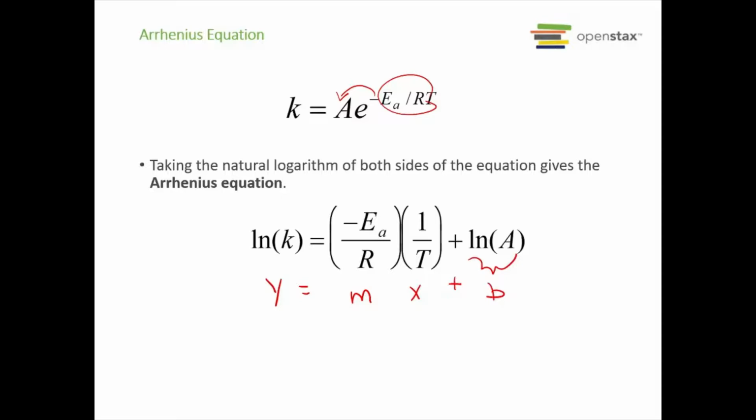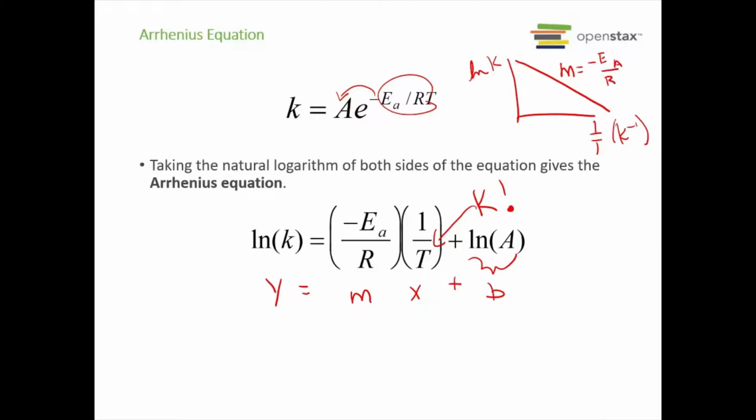So if you make a plot, you have the natural log of K on the y-axis and 1 over temperature on the x-axis, and your temperature has to be in Kelvin. So 1 over temperature in terms of inverse kelvins. You will get a straight line. And the slope of that line is equal to negative activation energy over R.